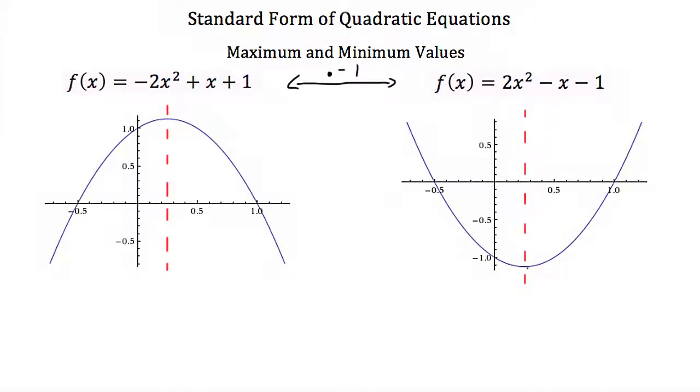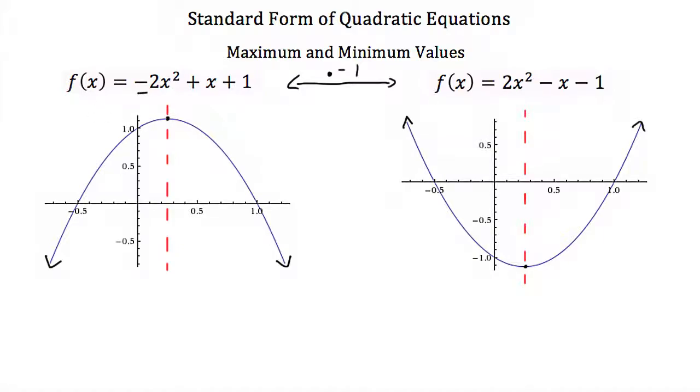They have different vertexes, and one goes to negative infinity in the y direction, and the other one goes to positive infinity in the y direction. Well, this is because of our a term.